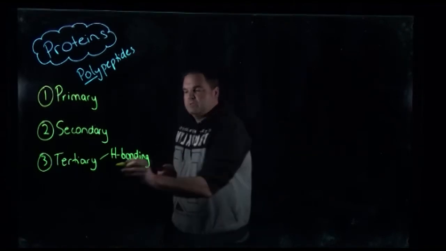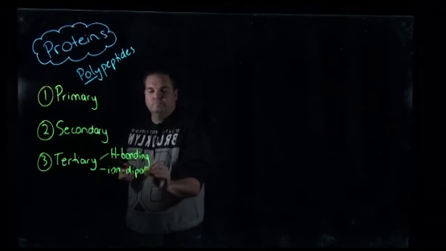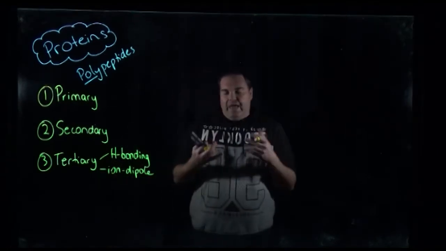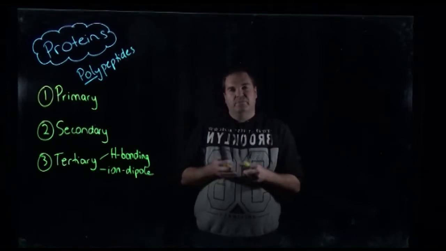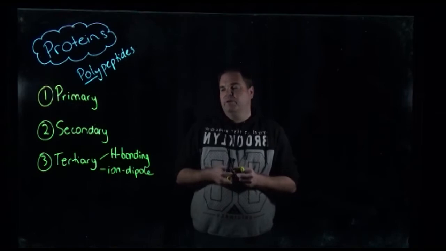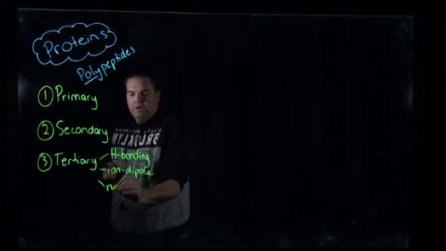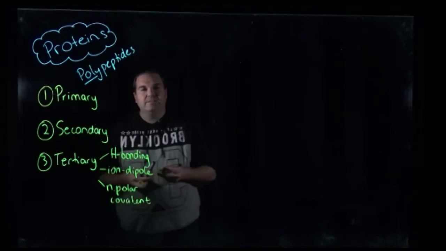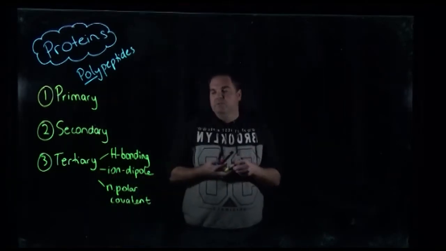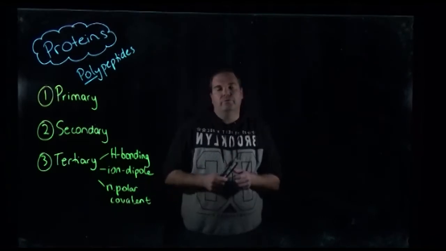You're then also going to get ion-dipole interaction, because you're going to have amines and carboxylic acids which can ionize, a bit like an amino acid does when in a zwitterion, which I went through in a previous video. And then you're also going to have a third type, which is non-polar covalent bonds. There's only one amino acid that will allow you to have non-polar covalent bonds, and I'll explain about that shortly. That'll be the third type we'll go through.